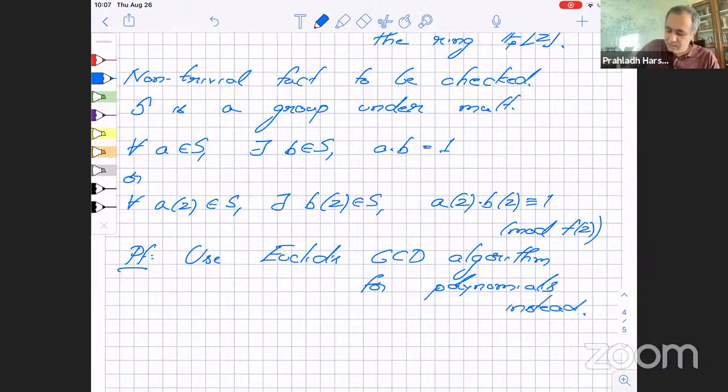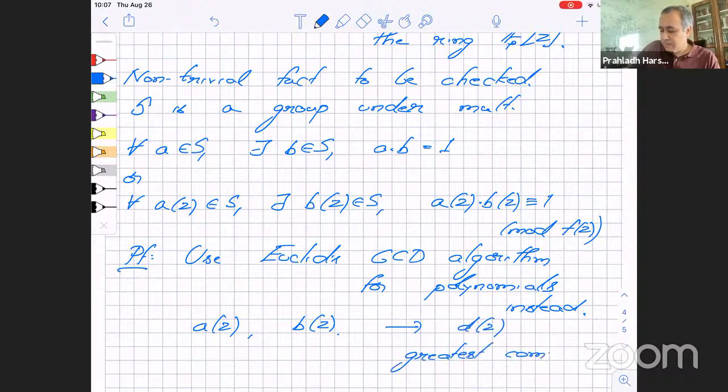What do I mean by this? Euclid's GCD algorithm says if you give me two polynomials, A of Z and B of Z, there is once again a notion of D of Z, which is the greatest common divisor. Polynomials also have factors, so you can pick up the greatest common factor.